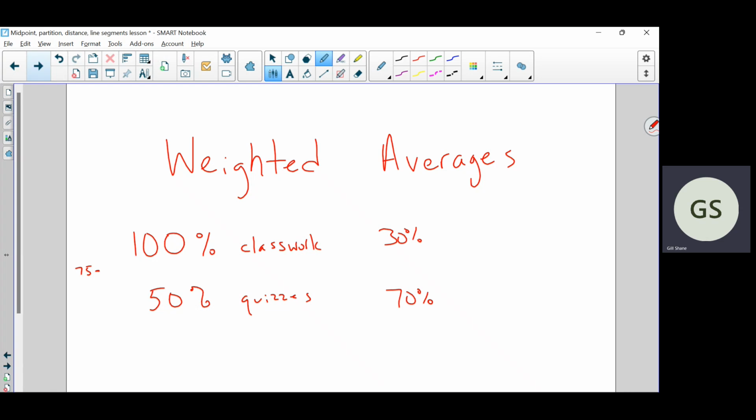So on paper, nobody say it out loud. Take a guess. If you think you know the math behind it, you can do the math behind it. I'll give you a second to do that. I'll give you like a minute or two. Actually, I'll give you a minute because most people aren't doing anything.